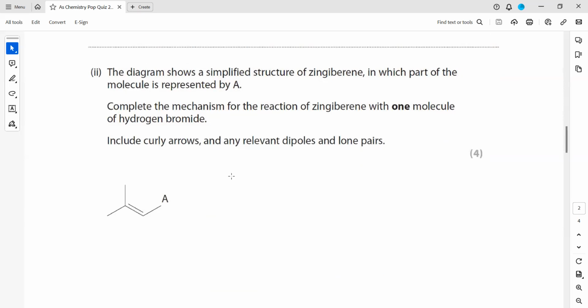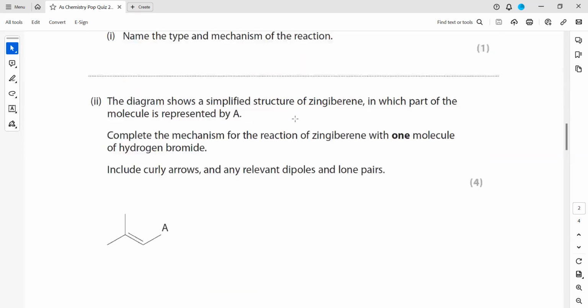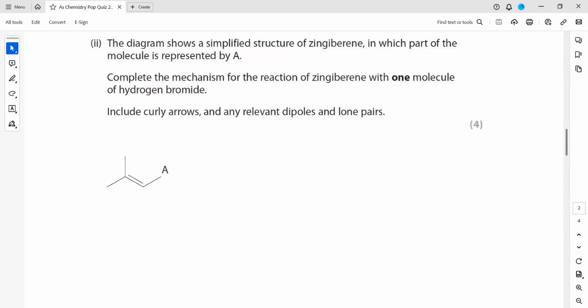The diagram shows a simplified structure of a molecule in which part of the molecule is represented by A. Complete the mechanism for the reaction with one molecule of hydrogen bromide. Include curly arrows, any relevant dipoles, and the lone pair. So we have to show the electrophilic addition reaction mechanism.